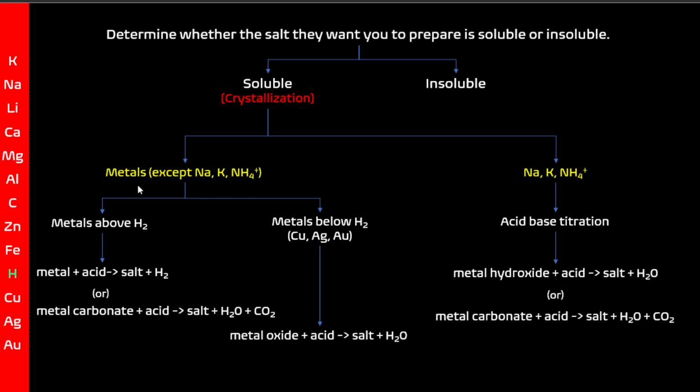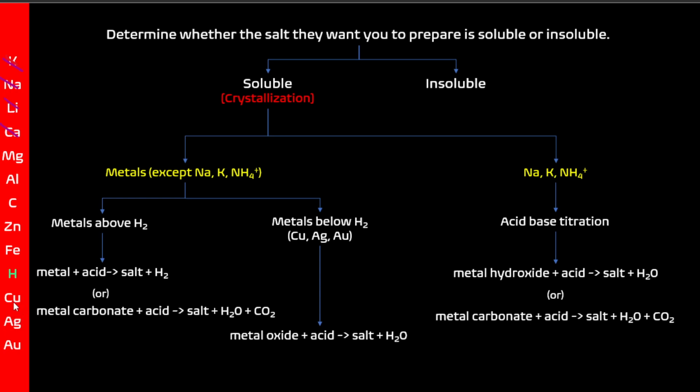So for the metals except sodium, potassium, and lithium, we can also include calcium since they are highly reactive. For this one, we can divide our metals into two parts, above hydrogen or below hydrogen, okay? If it is above hydrogen, we can simply use metal plus acid reacts to give salt plus hydrogen gas, or metal carbonate plus acid reacts to give salt plus water plus carbon dioxide.